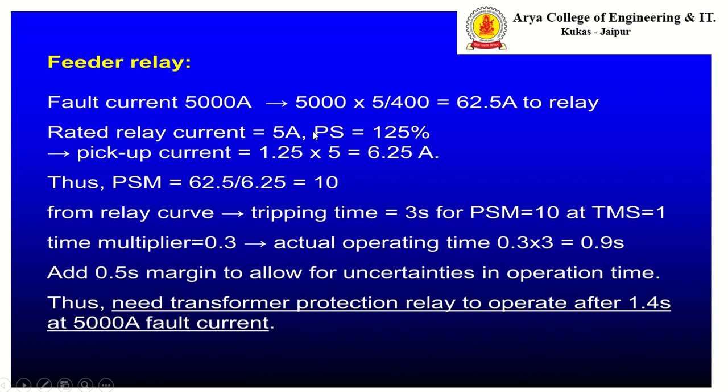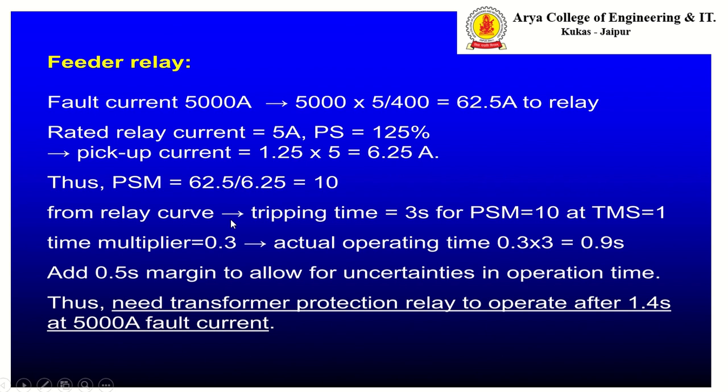It is 5 ampere and the plug setting is 125%. It means the pickup current will be 1.25 times 5 ampere, that is the relay pickup, 6.25 ampere. Now plug setting multiplier equals 62.5 divided by 6.25, that will be 10.